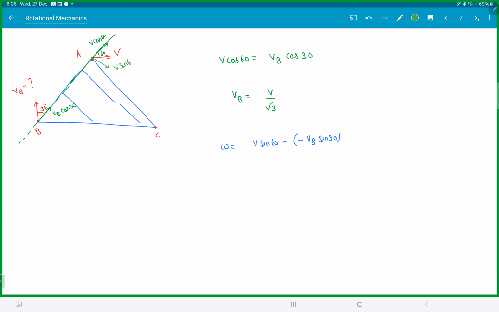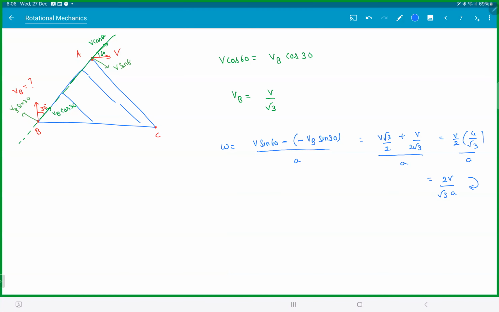This is V sin 60. You should take the perpendicular component, and this is VB sin 30, divided by the distance between them, which is A. So V root 3 by 2 plus VB, which is V by root 3 by 2, all over A. So V by 2, that is root 3, 3 plus 1, so 4 by root 3 by A. 2V by root 3A, that's your omega, clockwise.